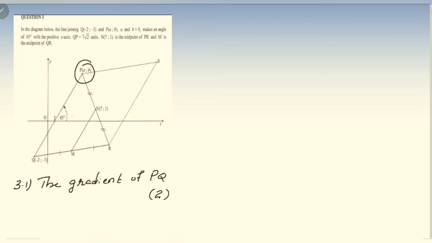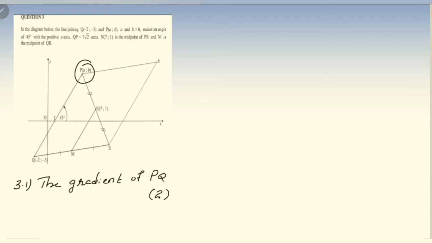Learners, we are going to use the angle of inclination because the angle 45 degrees is there. That angle is the angle of inclination of PQ, the angle between PQ and the x-axis. We discussed that in the first video of Grade 12 Geometry. Those who didn't see it, please go and visit that video. It's a big help to you.